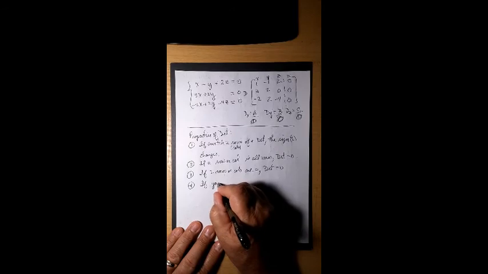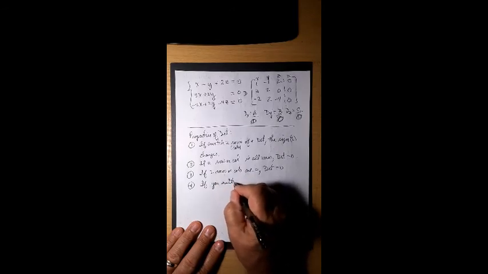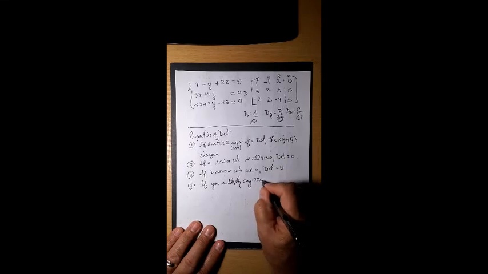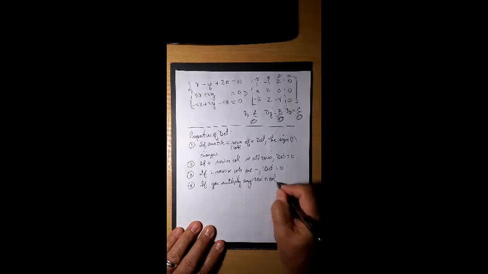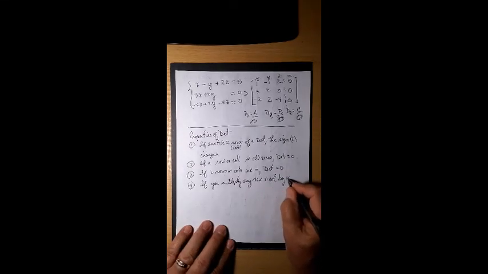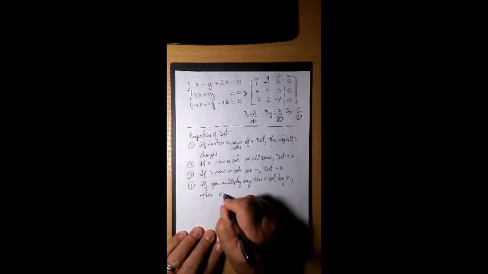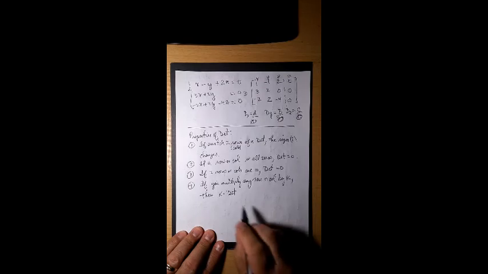If you multiply any row or column by some number k, then you have to multiply the determinant by k.